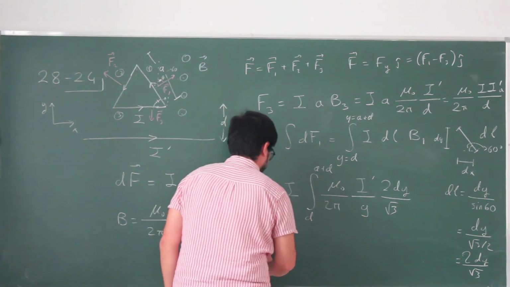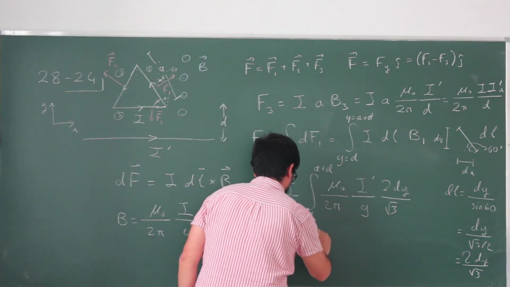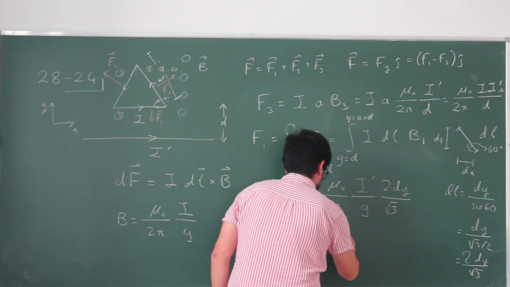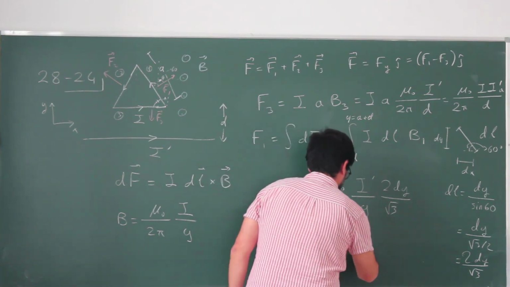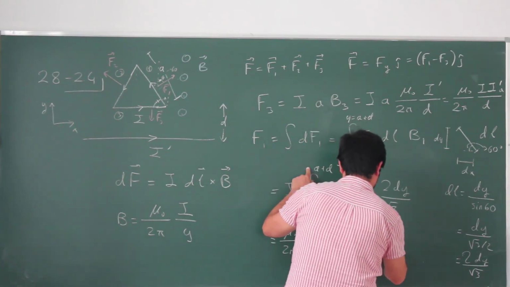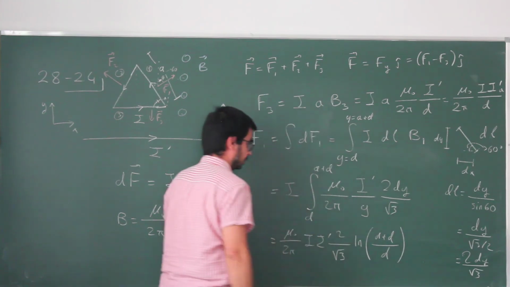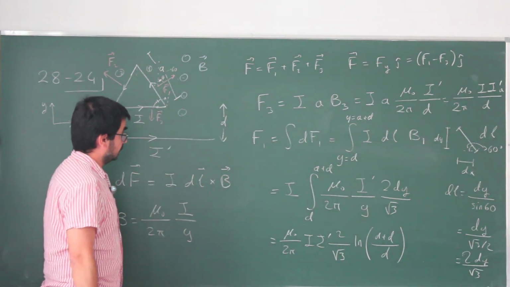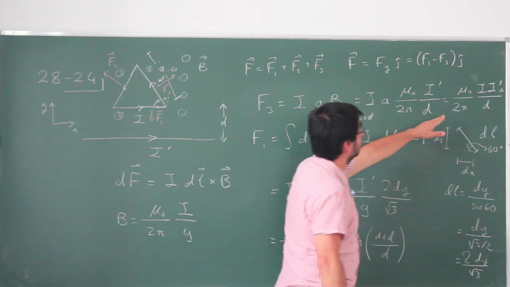So this is going to be μ₀/2π I′ times 2 over square root of 3 times the logarithm of (a plus d) divided by d. Okay, the natural logarithm. All right, so this is my F1 and this is my F3.